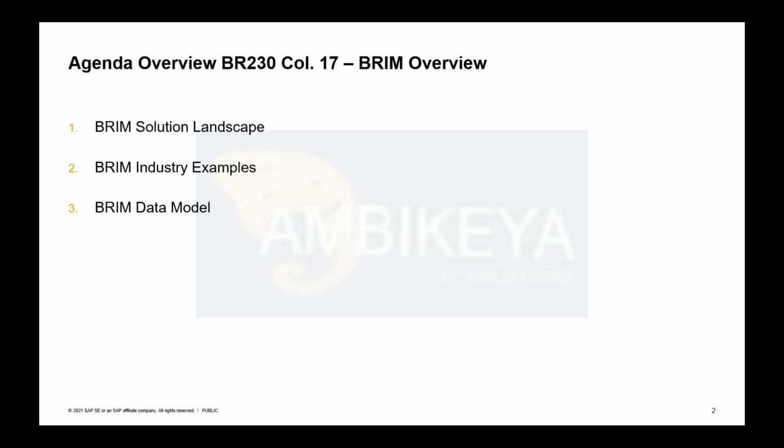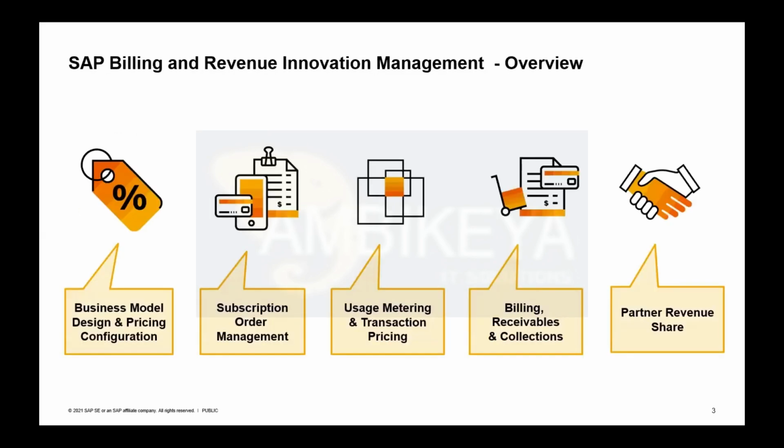First, before we go into the BRIM solution landscape, we may have to speak about the abbreviation. BRIM is the abbreviation for Billing and Revenue Innovation Management, which is BREM.